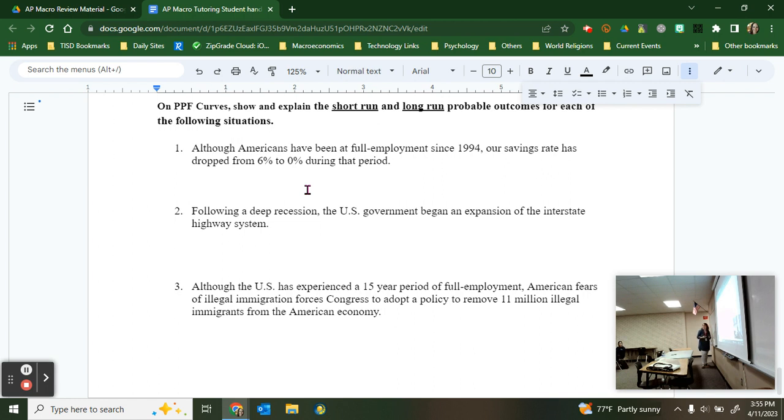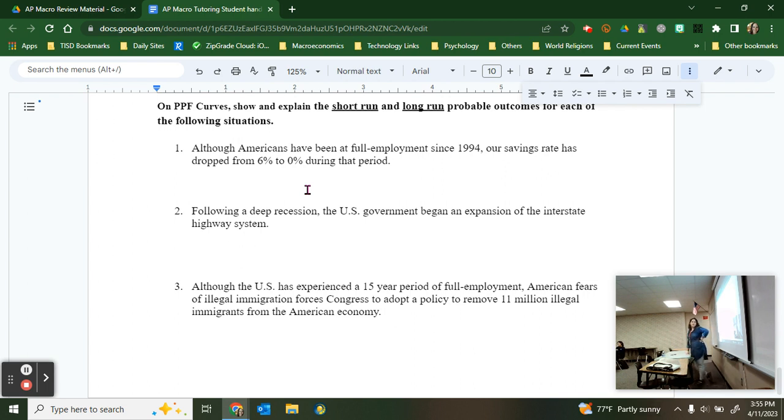And more productivity means the resources are more productive. And you can do that with infrastructure. That's why we have infrastructure, to increase our productivity so you can get to work faster. If you need a stagecoach to get to work, it's going to take you a long time. But if you're on an interstate, wow, that means you can work longer because it only takes you 10 minutes to get there.